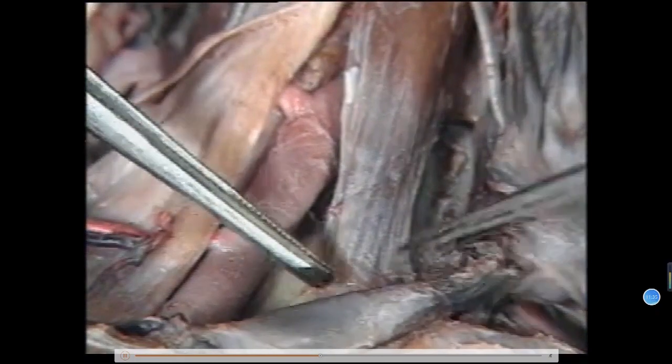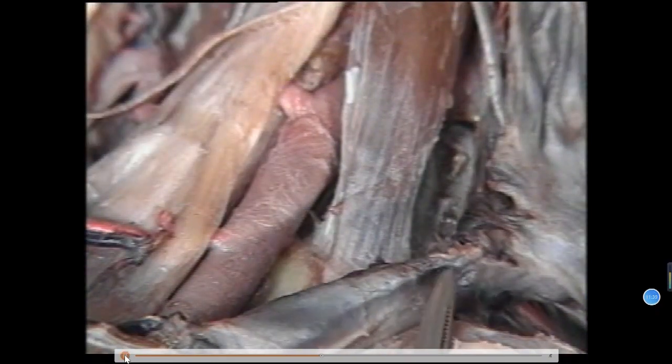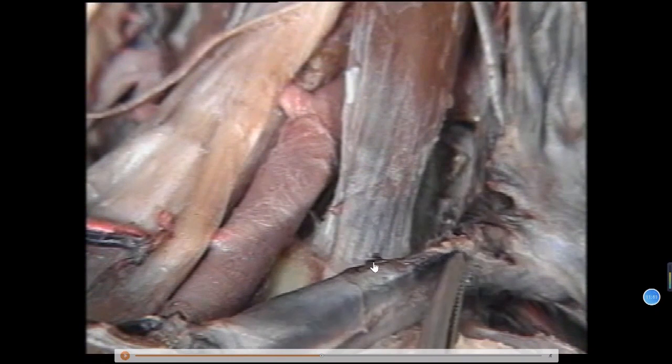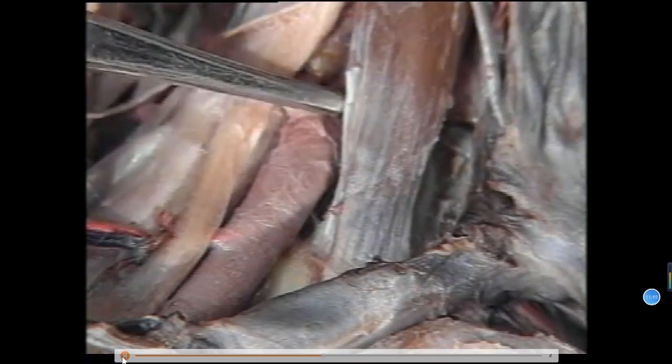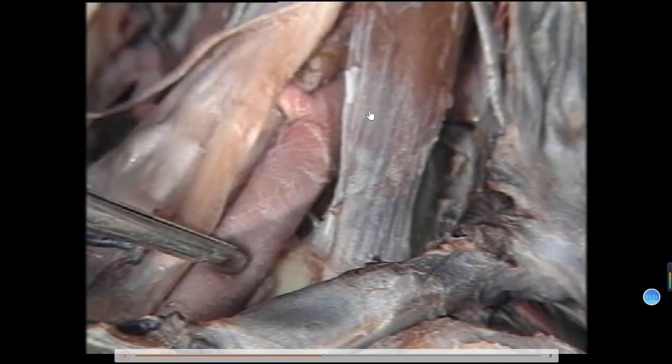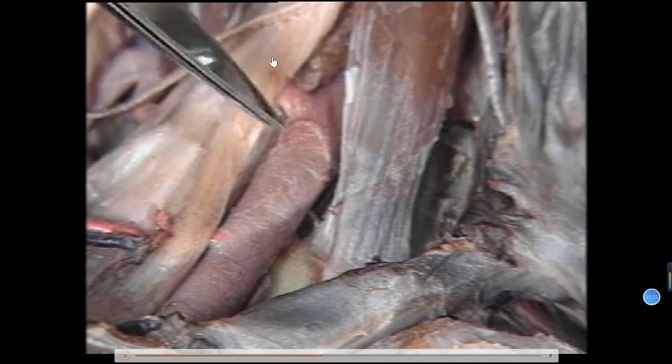This scalenus anterior inserts on the upper surface of the first rib. In front of this muscle is subclavian vein. So this vein is not in that fissure. Posterior to this muscle is subclavian artery, in this fissure.